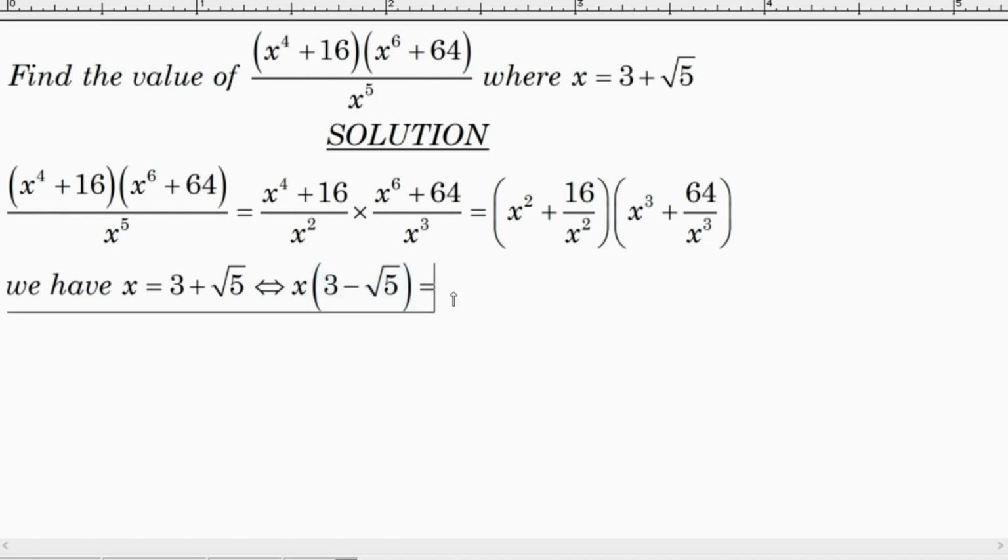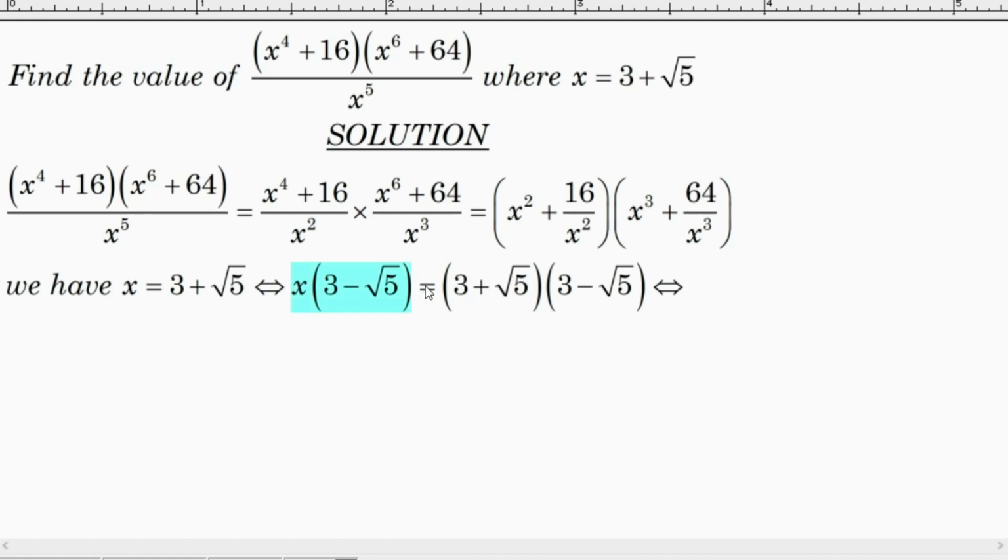So that will be (3 plus the square root of 5) times (3 minus the square root of 5).